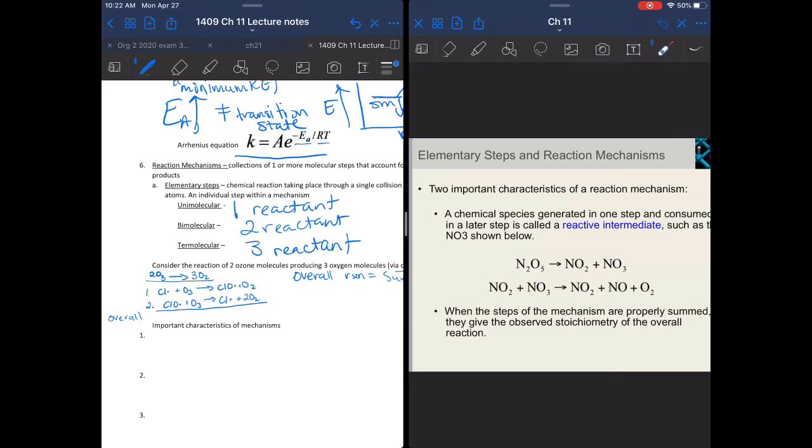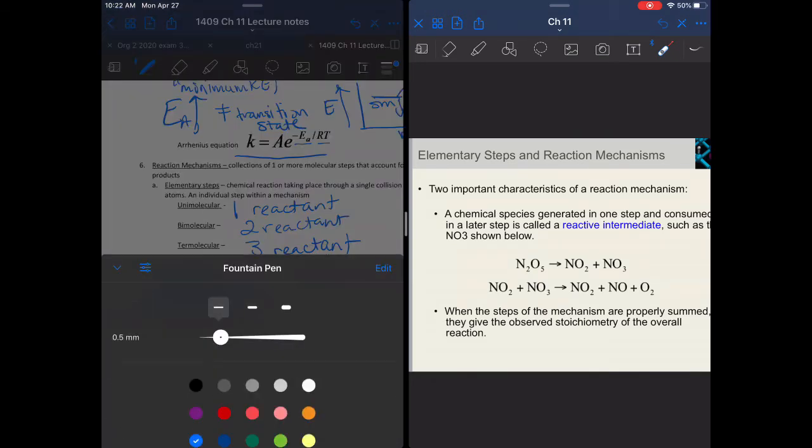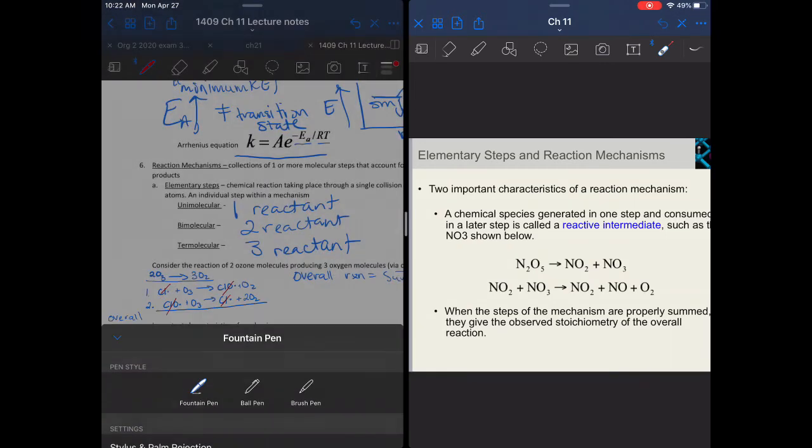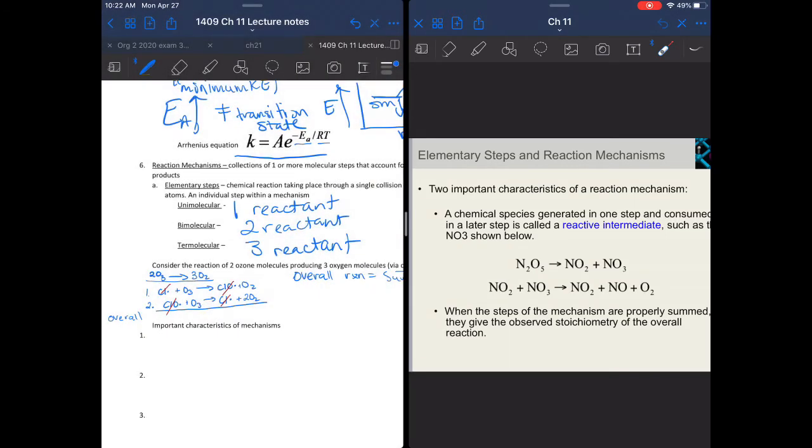When you add together, anything that's on both the left and the right, you're going to cancel out. I see chlorine radical at the start and at the end. I see chlorine oxygen radical on both sides. So when I add this up, I'm going to have 2 moles of O3 yielding 3 moles of O2. So this is a reasonable mechanism at least.